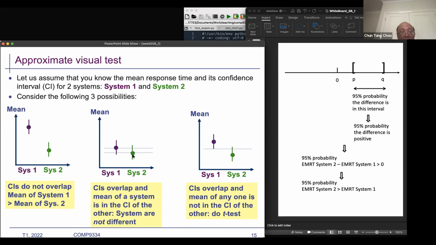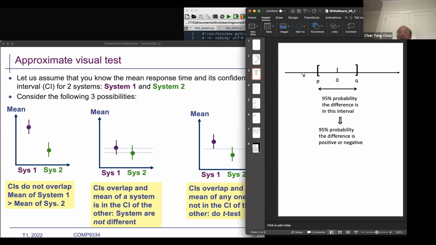And the mean of system 2 is within the confidence interval of system 1. So in this case, what you can safely say is these 2 systems are not different. It's similar to the situation described here.